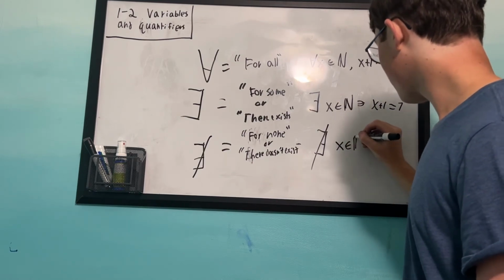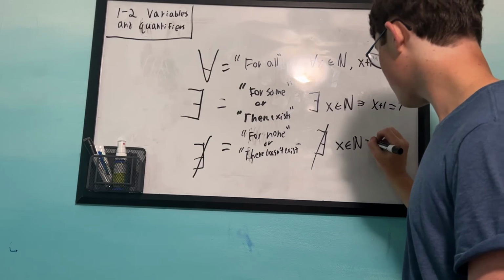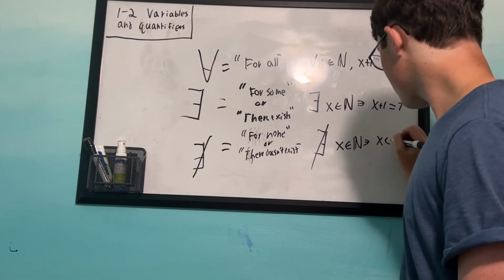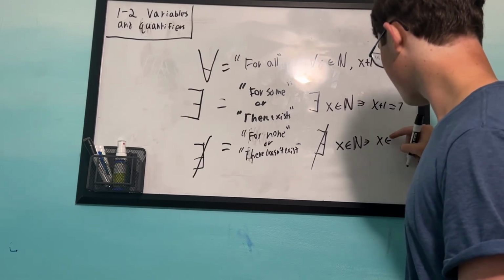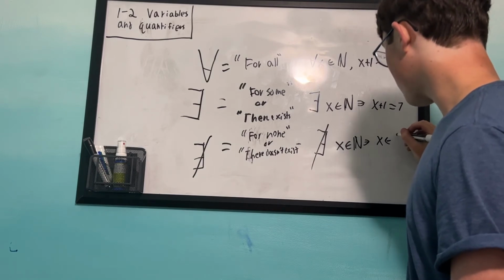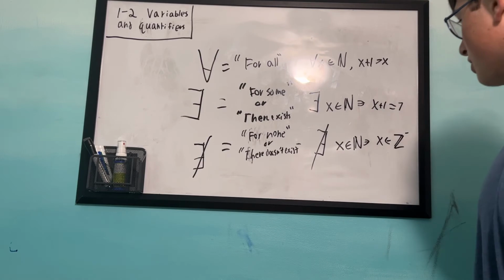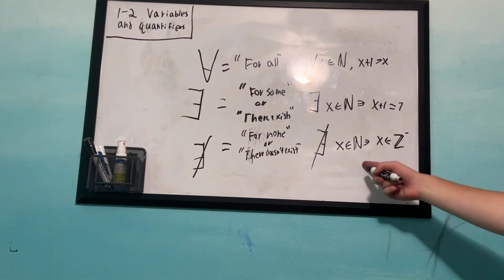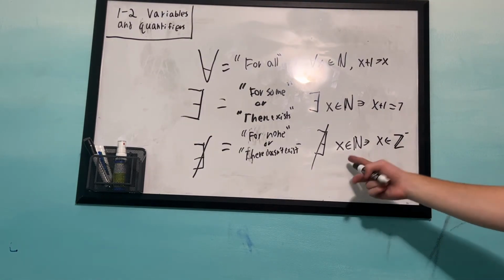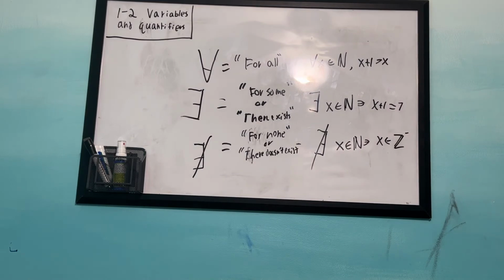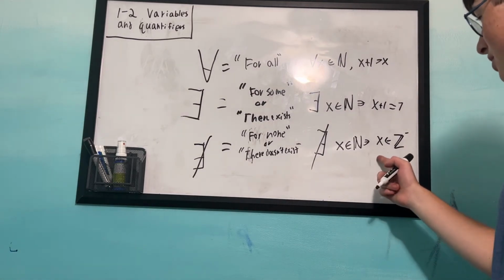There does not exist a natural number such that x is in the set of negative integers, because natural numbers are 1, 2, 3, 4, 5, and negative integers are all negative numbers. You've got -1, -7, -506, and so on. So there's never going to be a case where this statement is true.